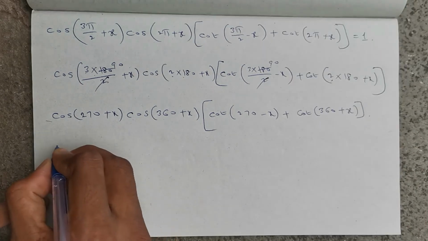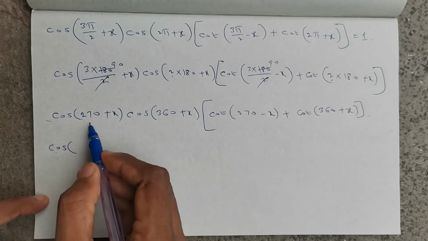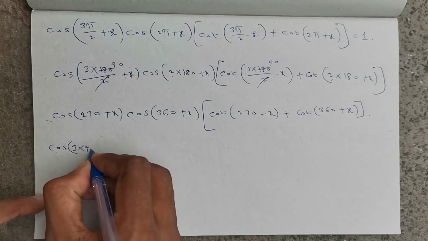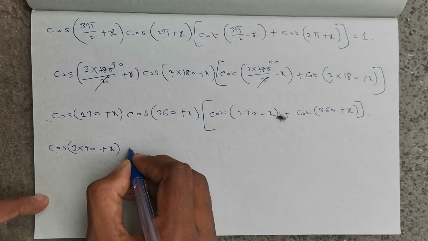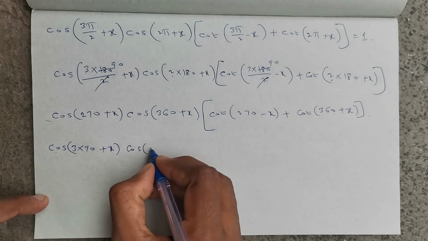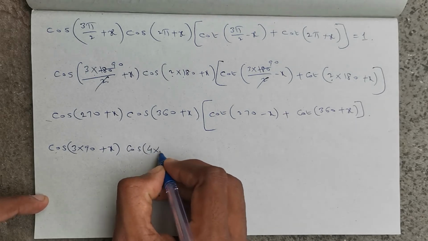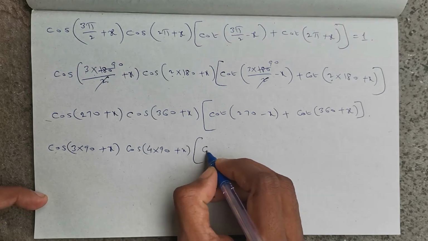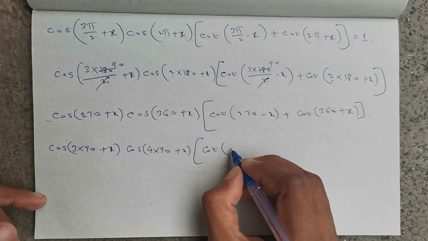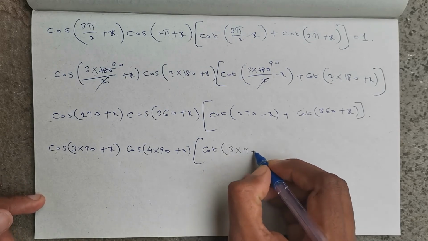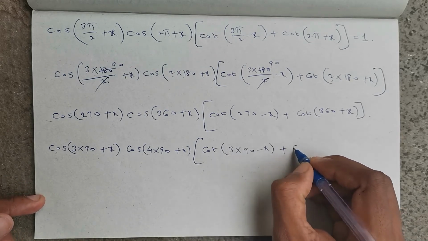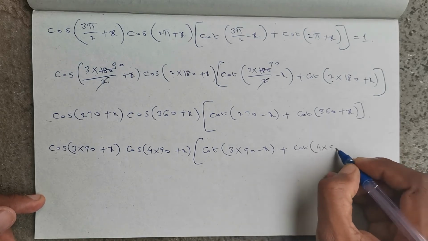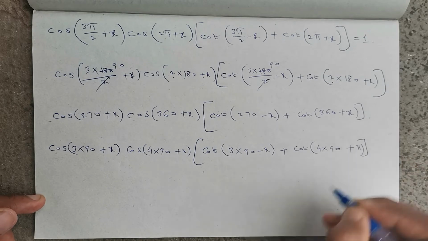Okay, next, cos of 270, write it as a product of 90, that is 3 into 90 plus x, into cos of 360, write as a product of 90, that is 4 into 90 plus x, times of cot of 270, write a product of 90, 3 into 90 minus x, plus cot of 360, write a product of 90, that is 4 into 90 plus x.